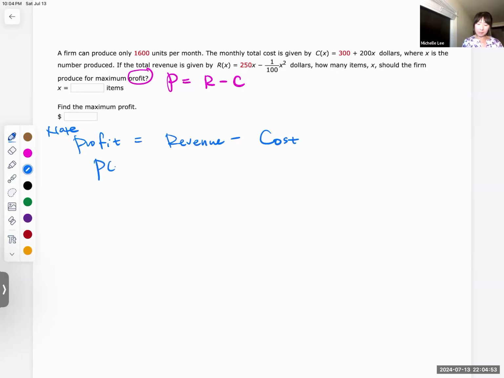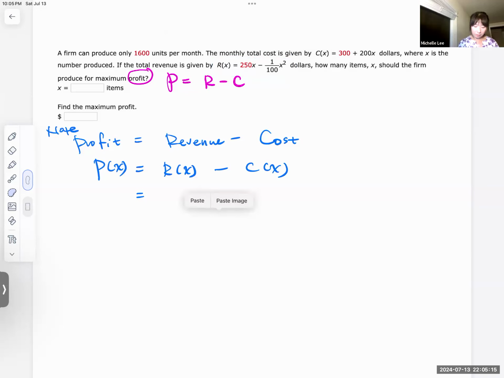So that is P over X equal to R over X minus C over X. Yeah, should be R over X. And the cost function, be careful, we have to subtract everything.